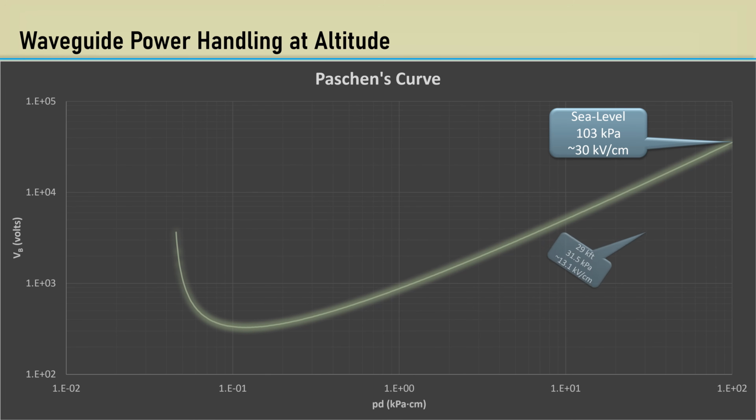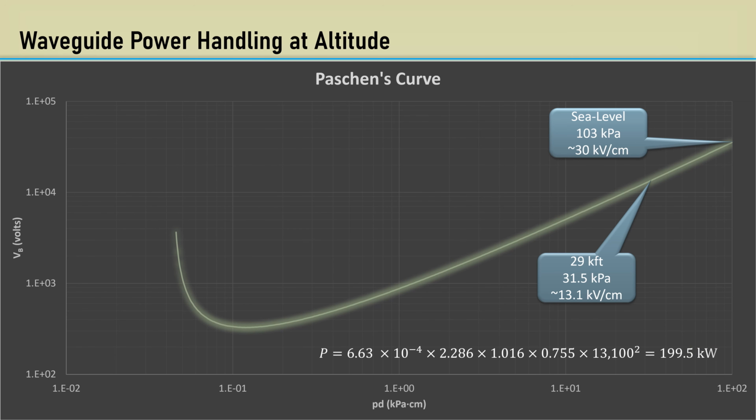At 29,000 feet, the air pressure is about 31.5 kilopascals, so the breakdown voltage would only be about 13.1 kilovolts per centimeter. Doing the power calculation for 13.1 kilovolts per centimeter yields a theoretical power handling of only 199.5 kilowatts.